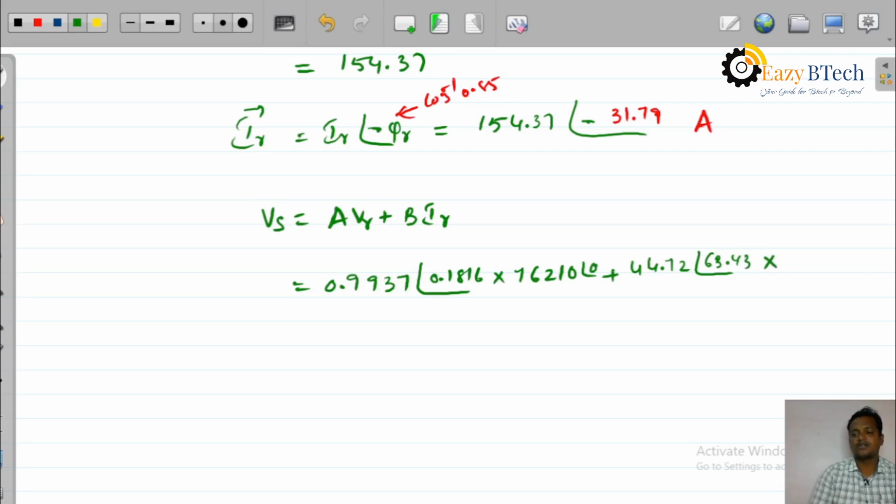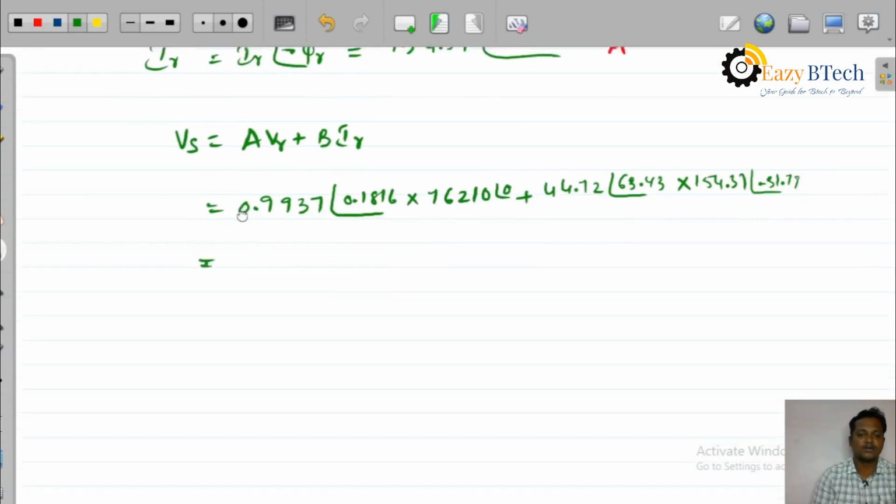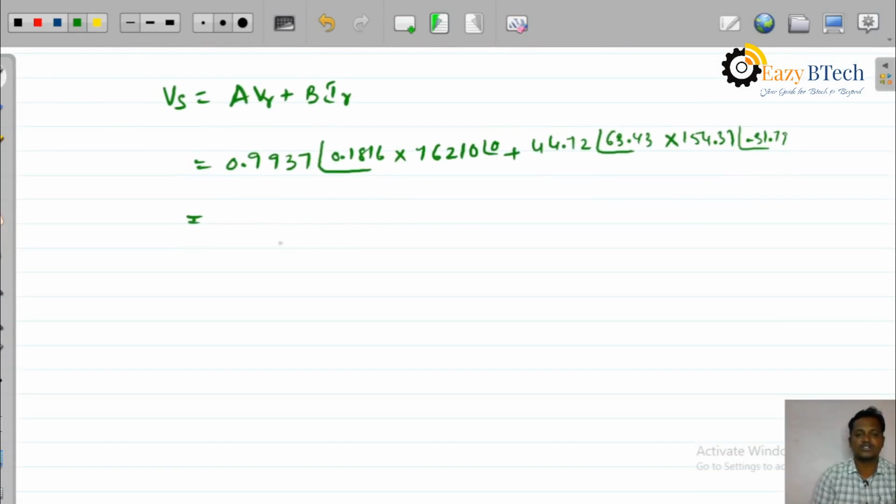The current value is 154.37 at an angle minus 31.79. Substitute all the values here, we get the Vs voltage. How much do you get? Vs voltage equals 81698 at an angle 2.7 volts.